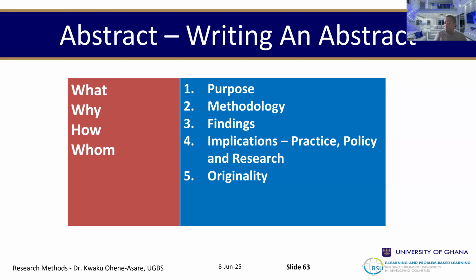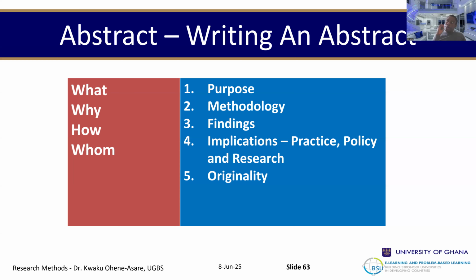The implication for practice, for policy, for research, you indicate that this study is the first study to contribute to the literature related to nonlinear regressions being used to estimate the dynamic implications of this and that.